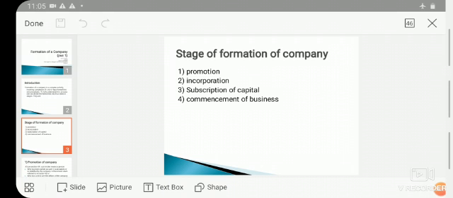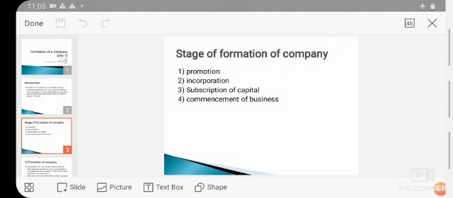First one, promotion stage. This is also called the preliminary stage. The second one is called the incorporation stage or company name registration stage. Third one, subscription of capital or capital raising stage.